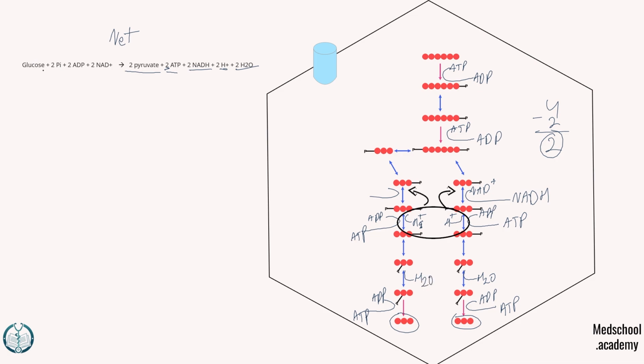And this is what we started with. Here we have a glucose, or to this glucose molecule, the 2 inorganic phosphate groups. Remember, that happened right here when we added a phosphate group right here. Boom, boom. This 2 ADP, talking about the net, and then 2 NAD, which is right here. Here's first one and second one. That's it. It's as simple as that.